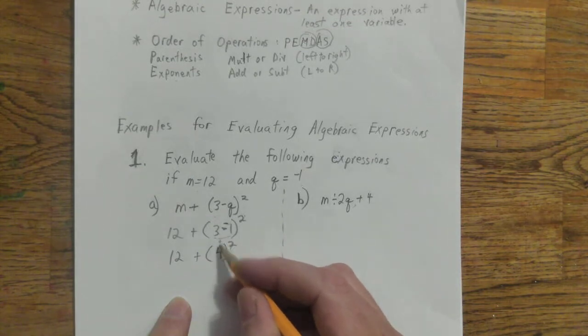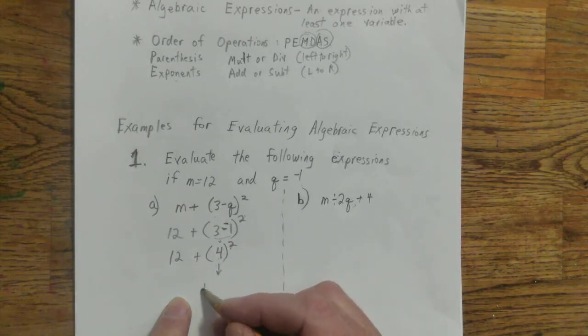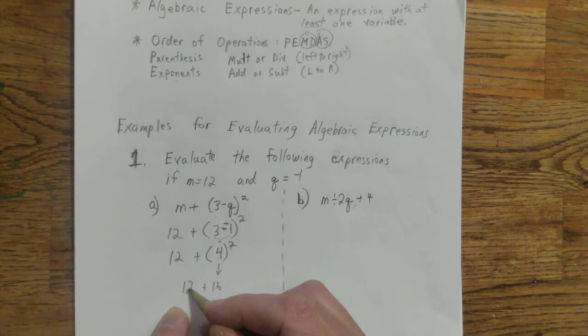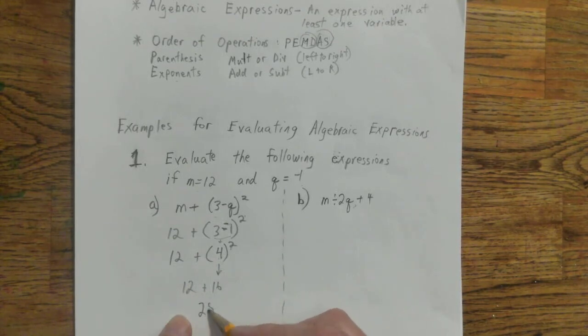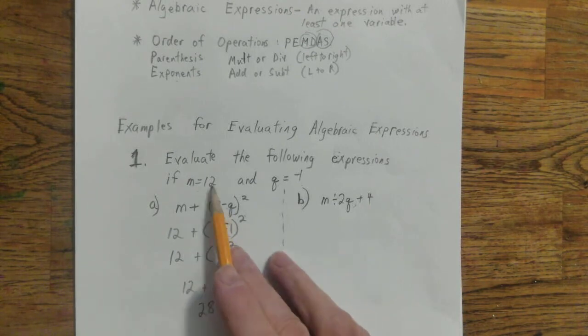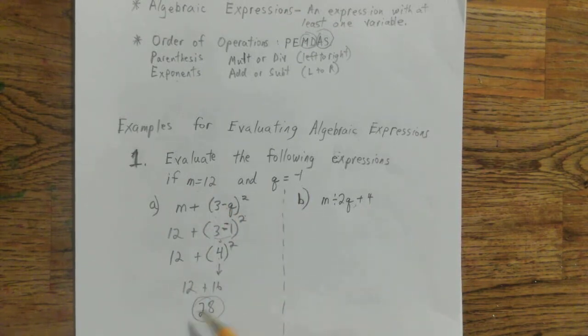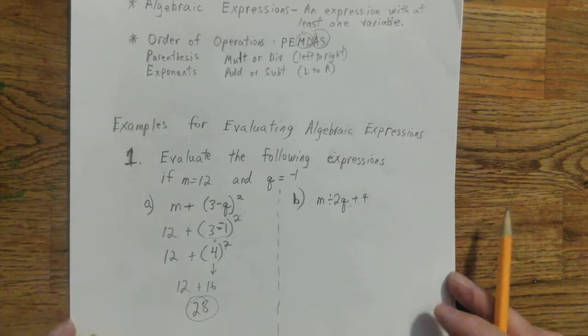So this goes to 4 to the second power, which is 16. And then we just add the 12 and 16, and we get 28. So this expression, when m is 12 and q is equal to -1, is equal to 28.